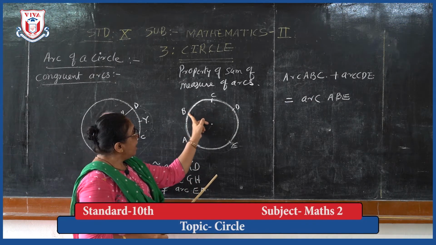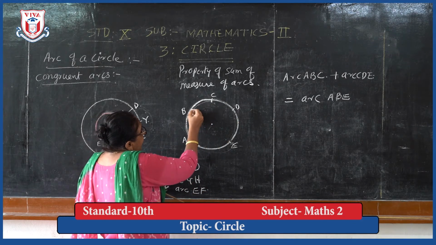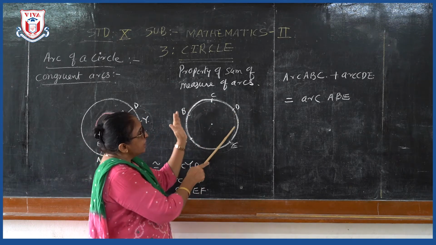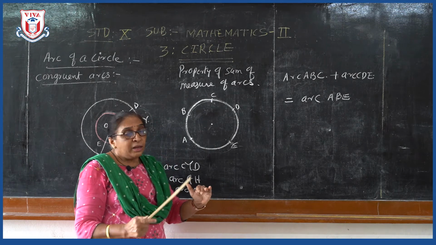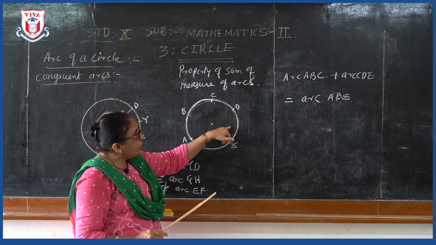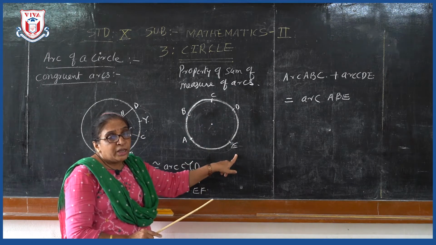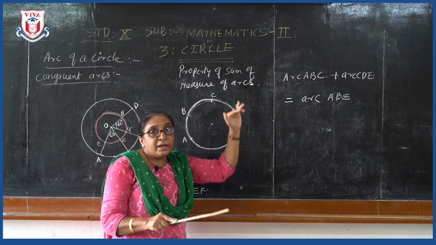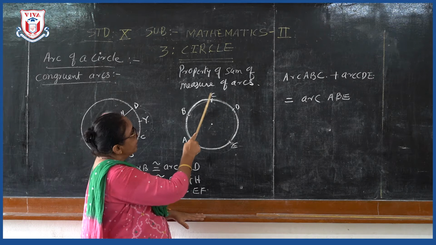In this way you can add these arcs, but you cannot say that arc ABC plus arc BDE can be added, because in that the BC portion will be common. So, if the arcs have separate lengths, not overlapping on one another, then we can do their addition. This is the arc addition property, the property of sum of measure of arcs.